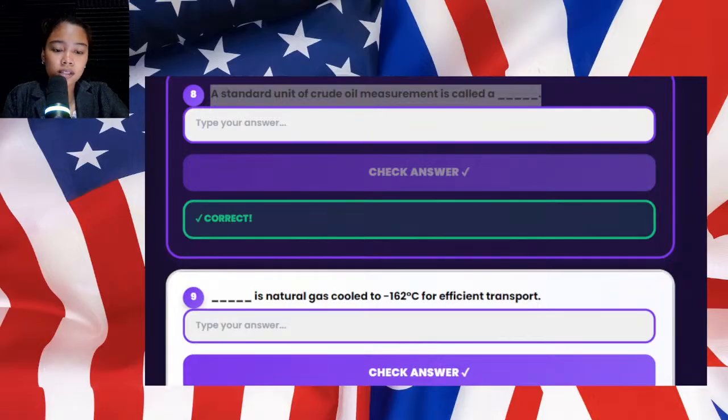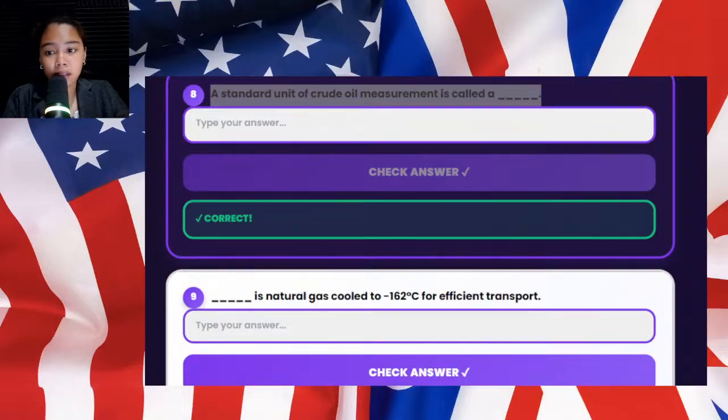It is not just a container, it is a precise mathematical definition that is used to track the lifeblood of modern industry, whether the oil is deep underground or moving through a pipeline or being traded on a stock exchange. It is measured in these specific units. The 42-gallon standard is the standard unit of measurement for crude oil.